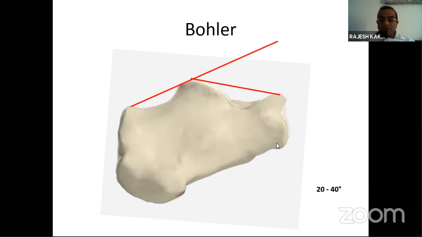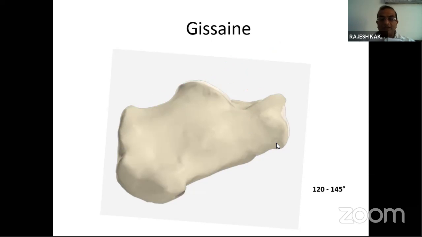It is usually 20 to 40 degrees. The other angle is the crucial angle of Gissane, which is between the posterior facet and the line joining it to the anterior process of the calcaneum. It usually is between 120 to 145 degrees.